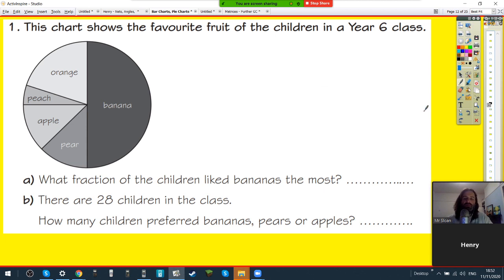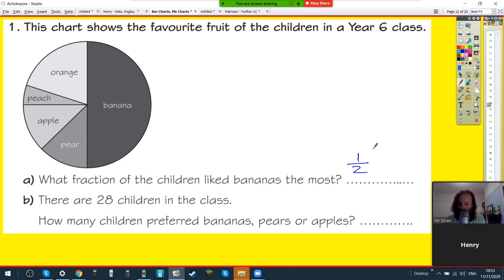This chart is the favourite fruit of year 6 classes. Part B. Does it mean how many people like bananas, pears, and apples all together?